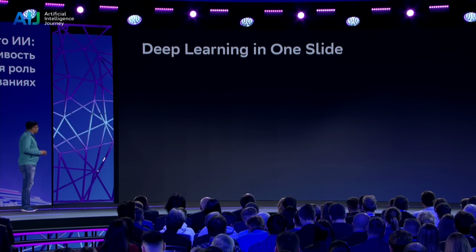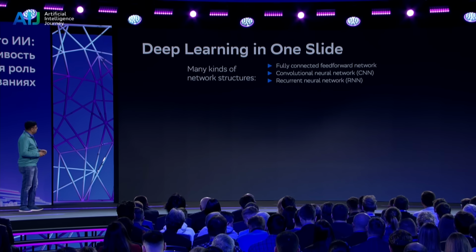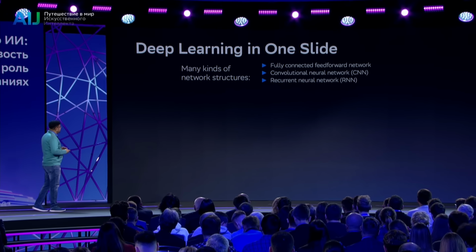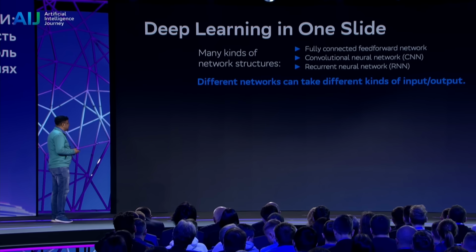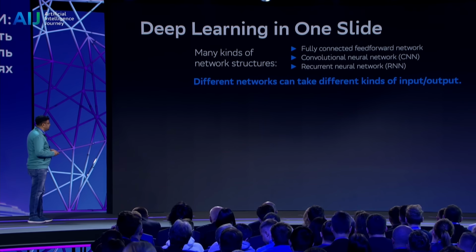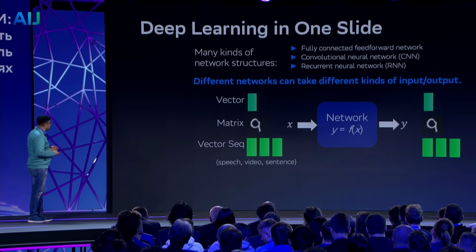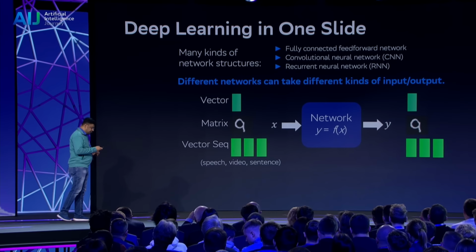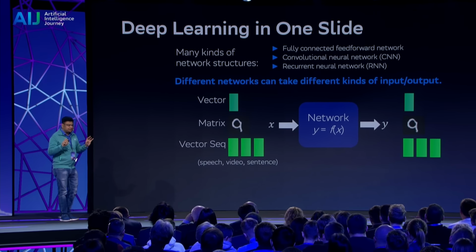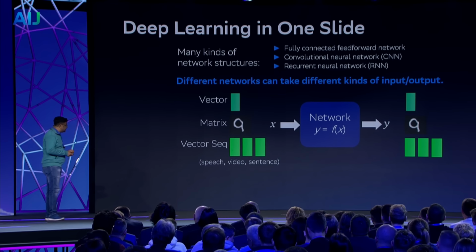So if you look at deep neural networks in a nutshell, you have many kinds of neural structures like the fully connected feed-forward network, convolutional neural network, recurrent neural network, and so on. Different networks can take different kinds of input-output pairs. You can view every machine learning model as a very simple mathematical equation, which is y equal to f of x.